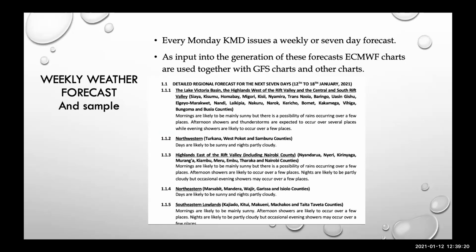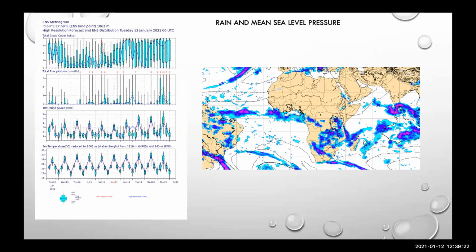Especially when we look at the rain and mean sea level temperature, when you go into the website for ECMWF, you can click at a point and get the box and whisker plots, and look at the total precipitation as explained earlier, the upper quarters and the lower quarters.